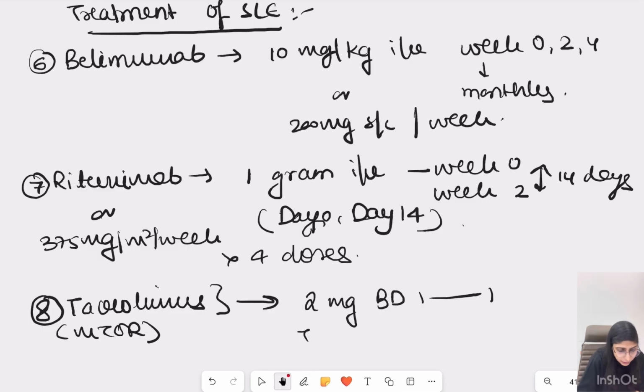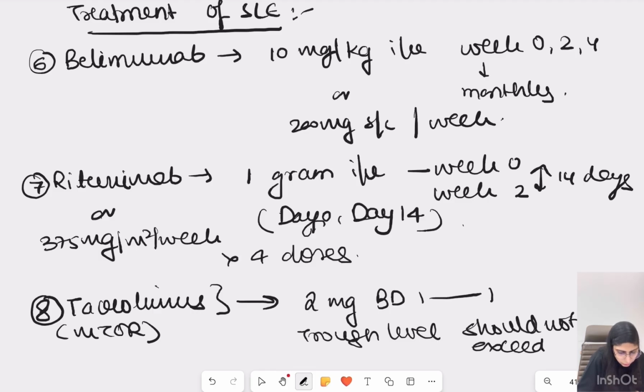Remember that the trough level should not exceed 5.5 nanogram per ml. This is the value that is usually asked. What should be the limit for the trough level for tacrolimus? So the answer is 5.5 nanogram per ml. Right.